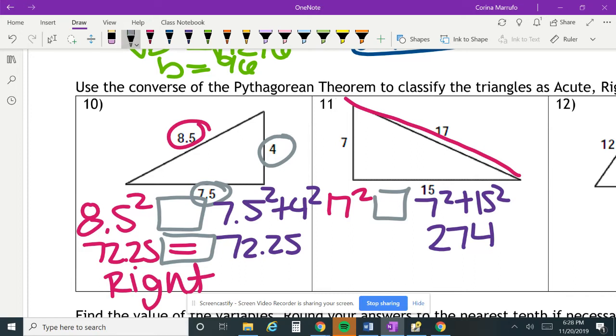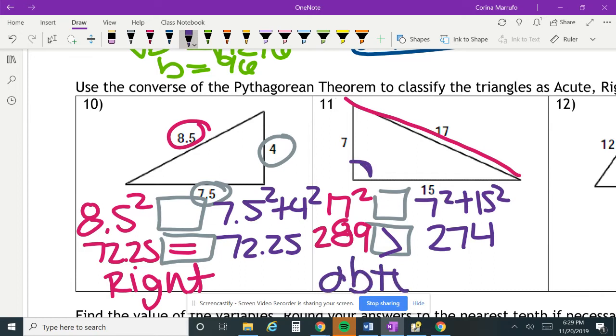And then we leave the part in the middle blank, and 17 squared is going to give us 289. And so 289 is greater than the 274. So when that is bigger, that means that this is going to be a big angle. So that means this is going to be an obtuse triangle.